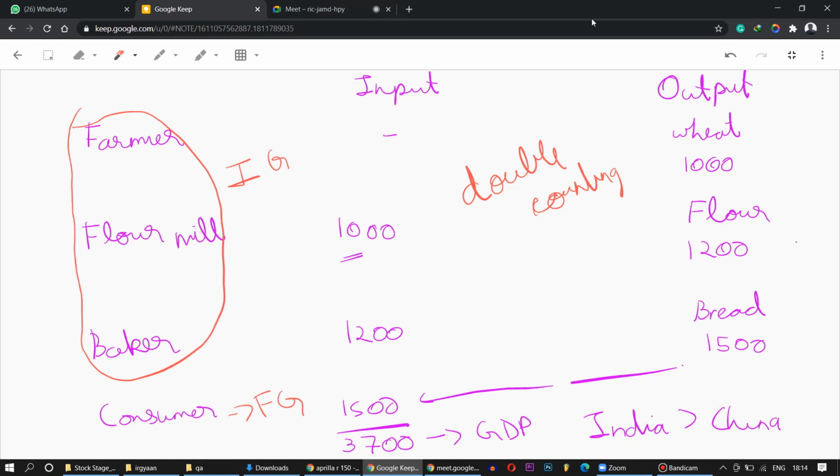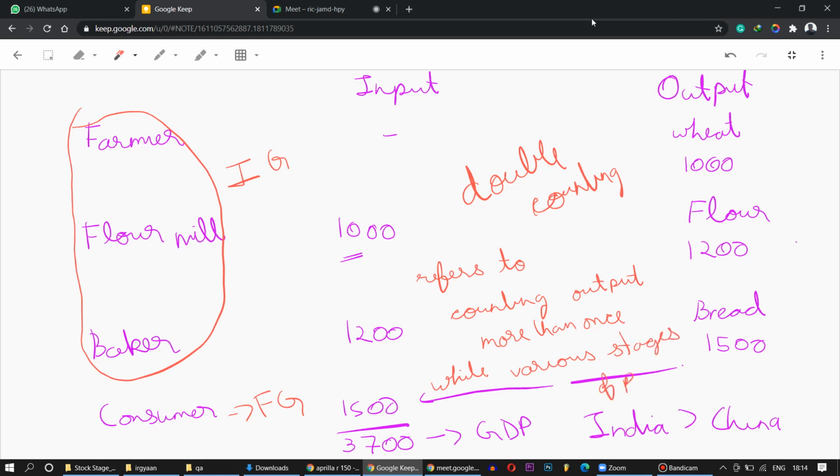Now, what is the actual definition? Double counting refers to counting the output more than once while passing through various stages of production.